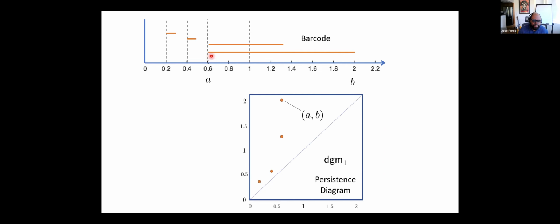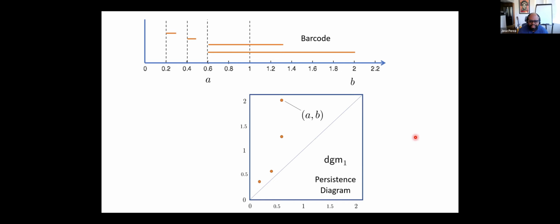So instead of a bar starting at A and ending at B, you plot a point with coordinates A, B. And now the length of the bar is the same thing as the distance from the point to the diagonal, right? So long bars are replaced by points far away from the diagonal. So that's how barcodes are going to be represented.